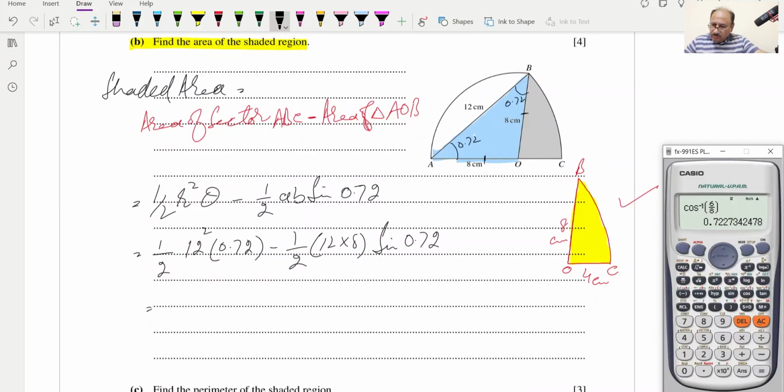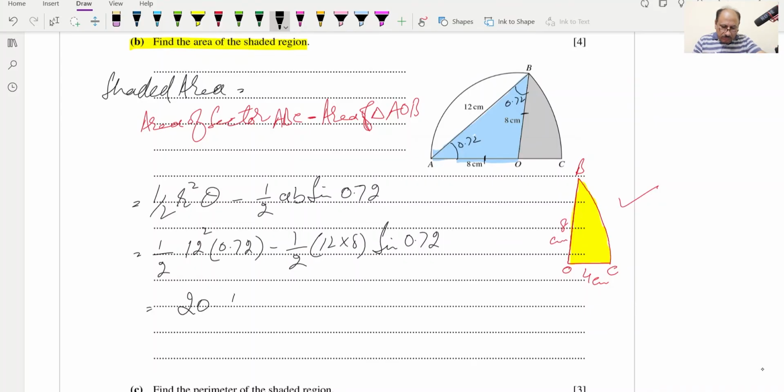We can use the calculator: 0.5 × 12² multiplied by 0.72, minus 0.5 × 12 × 8, which is 96, × sin of 0.72, and bracket close, and this gives us 20.189.